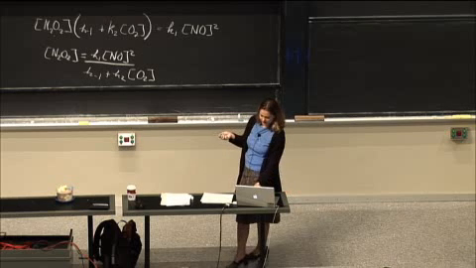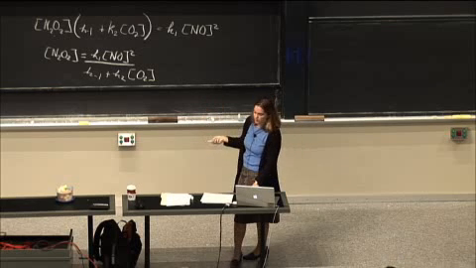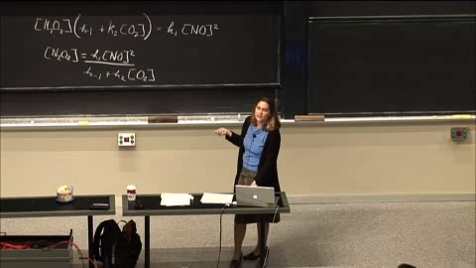All right, so let's look at the second step here. So the rate here is going to be K2 times this intermediate concentration of O times the concentration of O3. Now we know that this second step is going to be controlling the rate. It's a slow step. At least that's our prediction that we're going to write a rate expression based on.